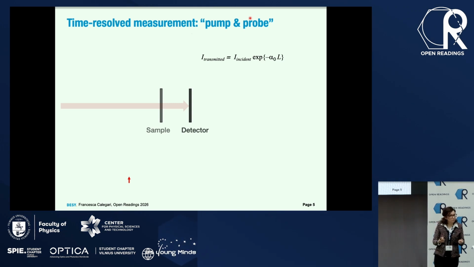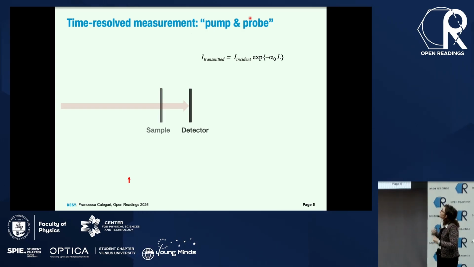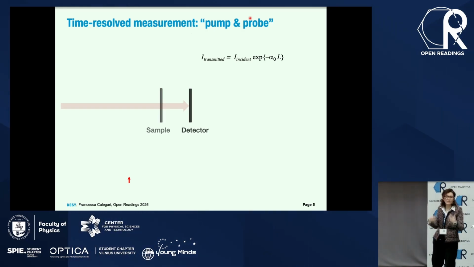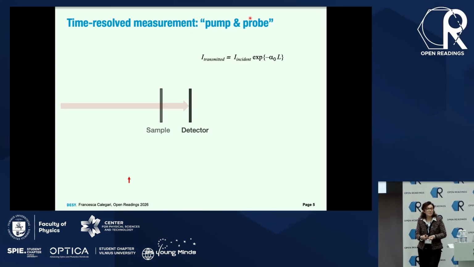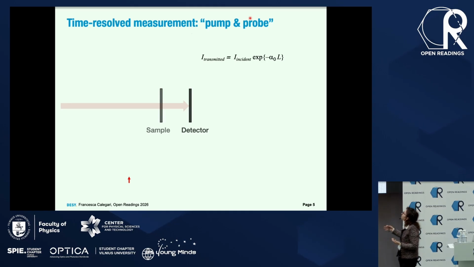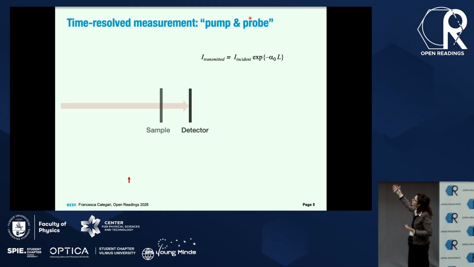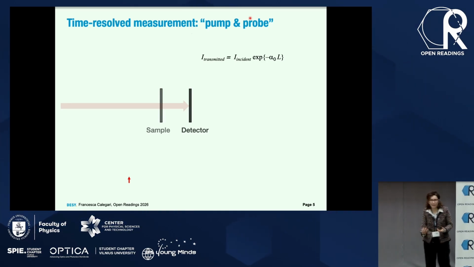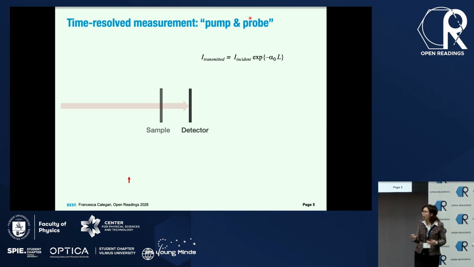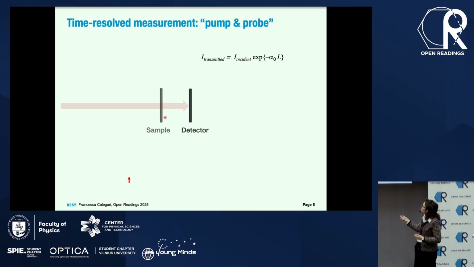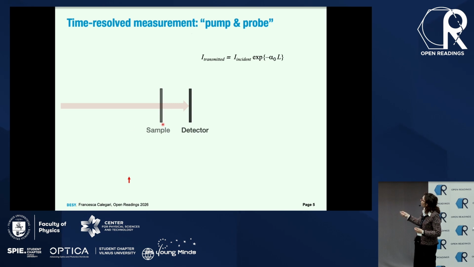We have to do it with a method that is called pump and probe, which is the typical approach in time-resolved measurement. So you use basically light, and I'm just making a very simple example here. If you have light going through your sample that you want to investigate, then you will typically position the detector after your sample.